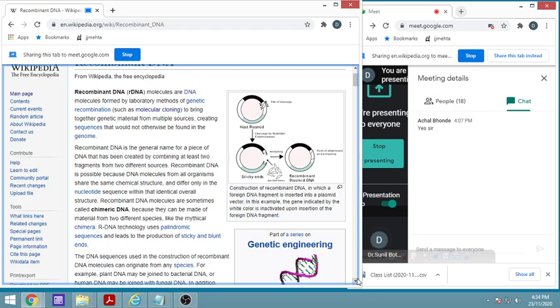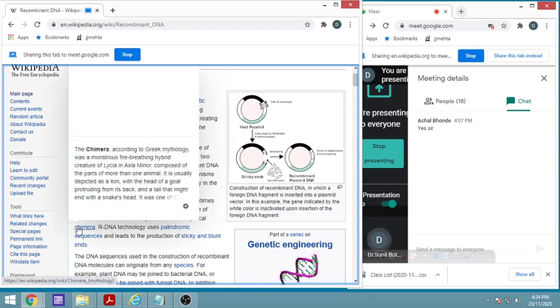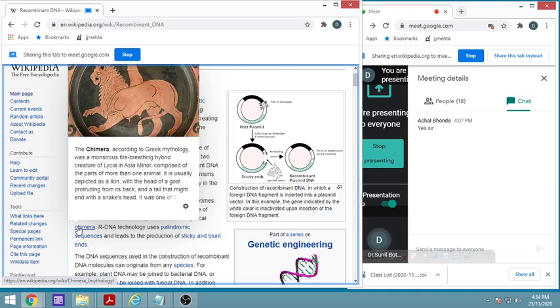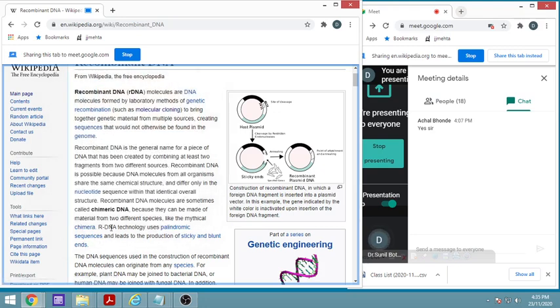Chimera is a mythological character, a fire-breathing hybrid monster, just like Narasimha, who is half man and half lion, or Ganpati ji, who has some portion elephant. So we call it a chimera. Chimeric DNA means two DNAs from different sources that are combined.